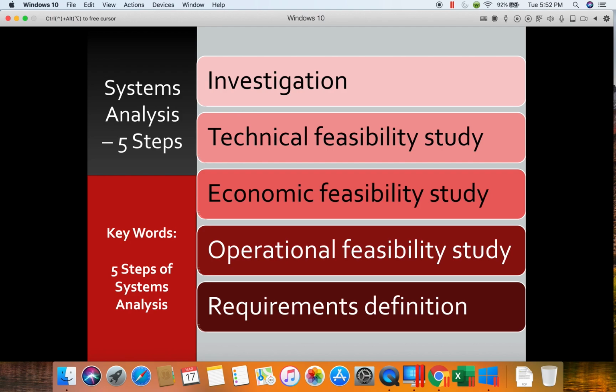We also need to make sure that we have established the requirements of that system. We know exactly what it needs to do. And that's part of this system analysis process. So if we do an efficient job at the analysis phase, we can help eliminate many of the software failures that have been noted in businesses.